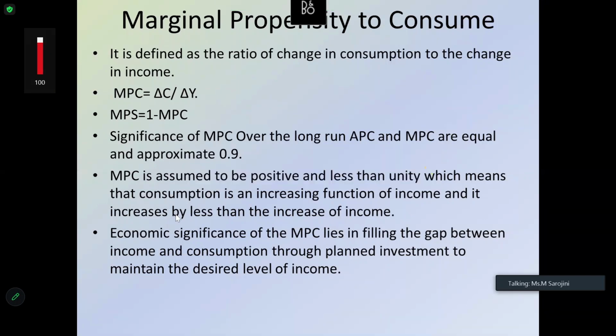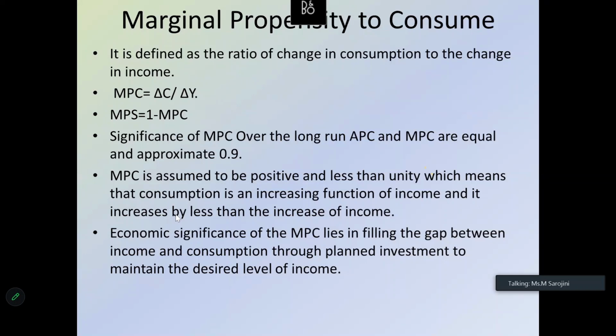Once you have a question to differentiate between APC and MPC, you have to explain very carefully based on the marks as well as the question, right? Here the MPC is equal to delta C divided by delta Y. Again, MPS is equal to 1 minus MPC. The MPC plus MPS is equal to 1.